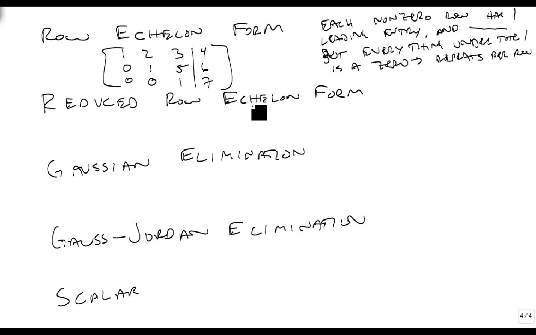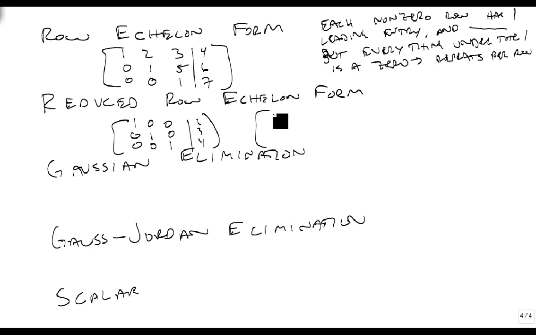A reduced row echelon is the same thing where each leading entry is a 1, but all of our other pieces in the non-augmented part are also 0. So it's 0s below and 0s above a 1. So you're only allowed one 1 in each row column pair that's a leading entry. So this would be a reduced row echelon form.